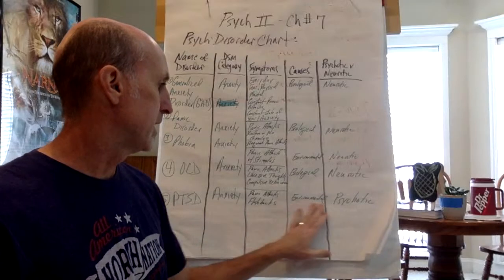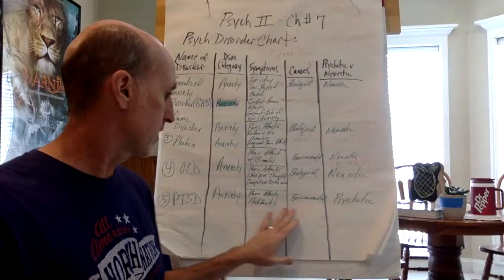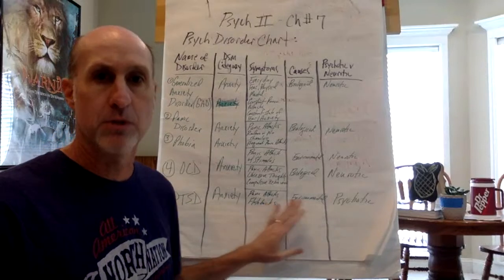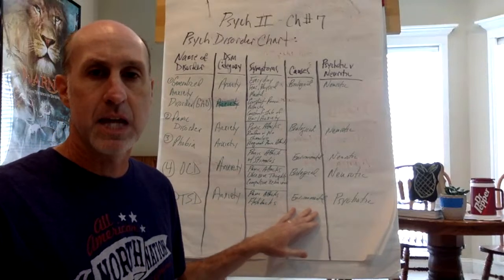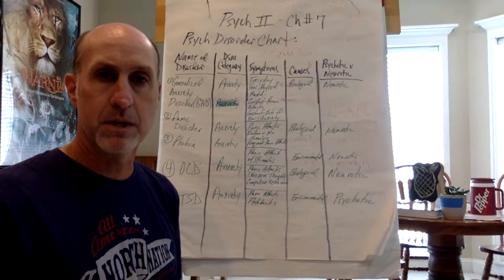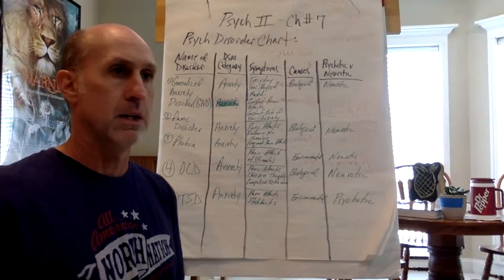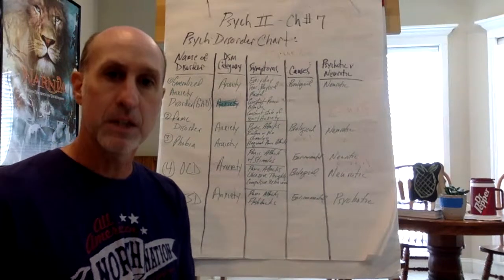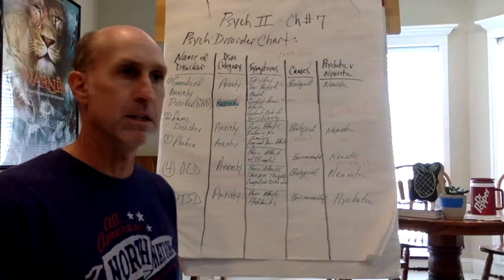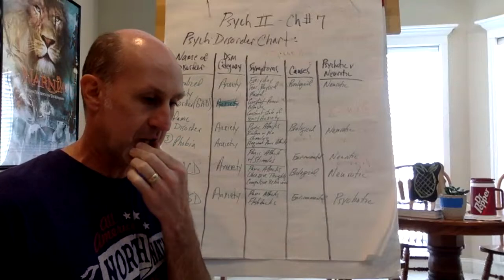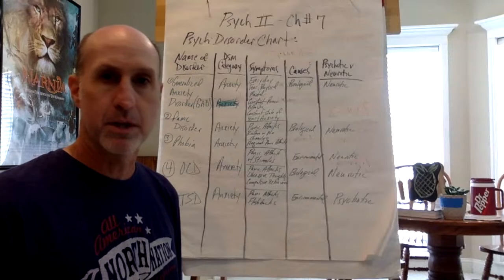Now, there's a whole bunch of biological components to it, but it's environmental in the fact that you have to have that traumatic experience, whether as a soldier, a citizen, or a civilian. Again, most of the time we would see it in people who are not in the military, with a medical condition.